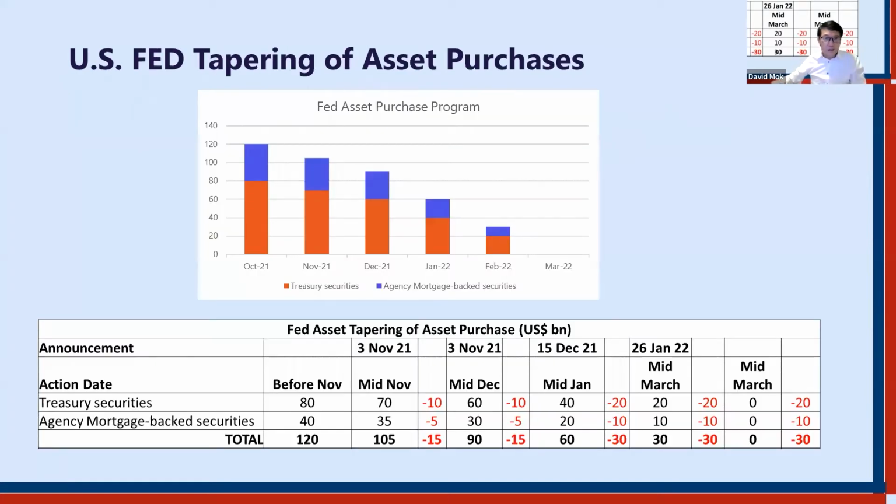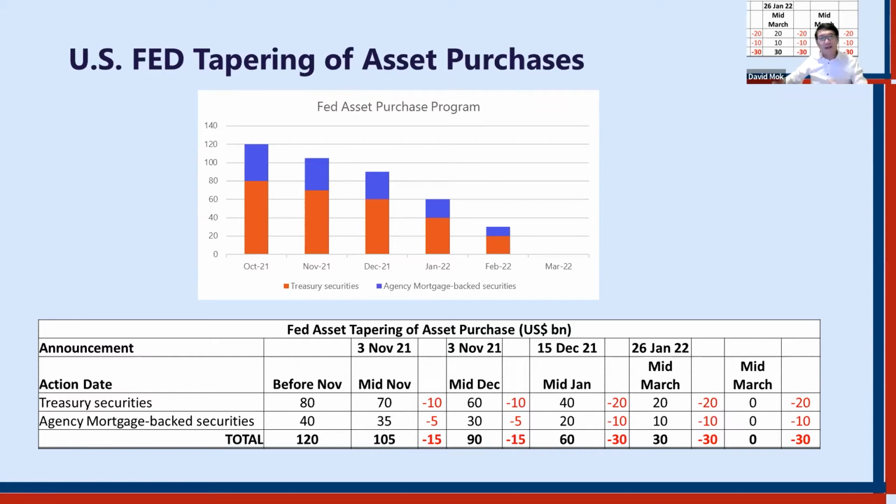So this is the US tapering of asset purchases. Some of you would know already that the US not only used low interest rates to fight the pandemic, but monetary policy-wise, they also injected liquidity into the market through purchases of treasury bills and mortgage-backed securities.